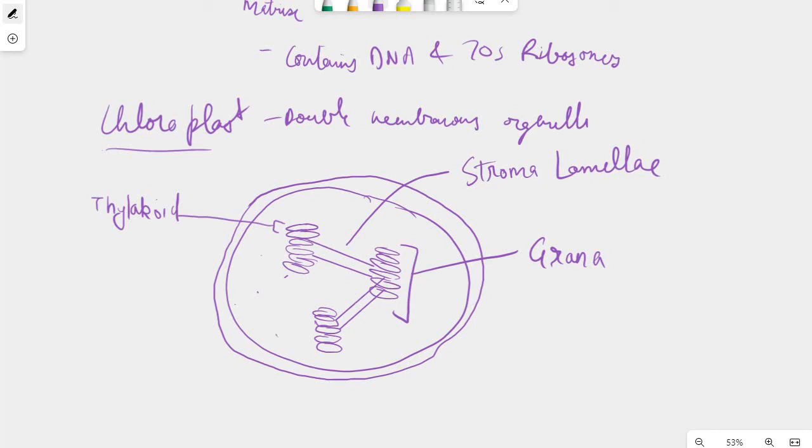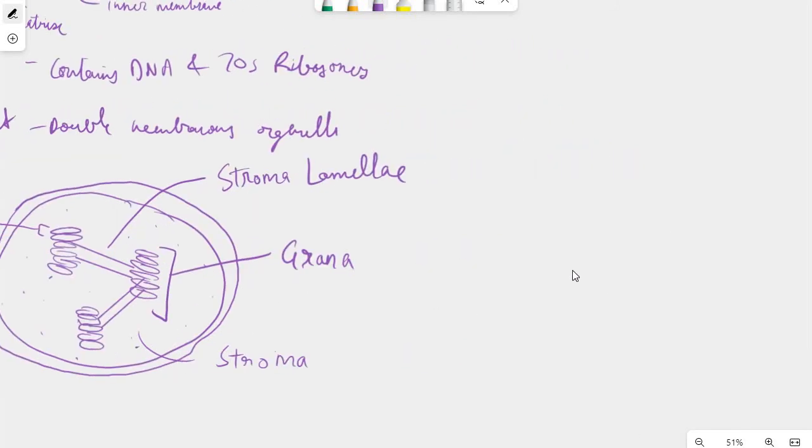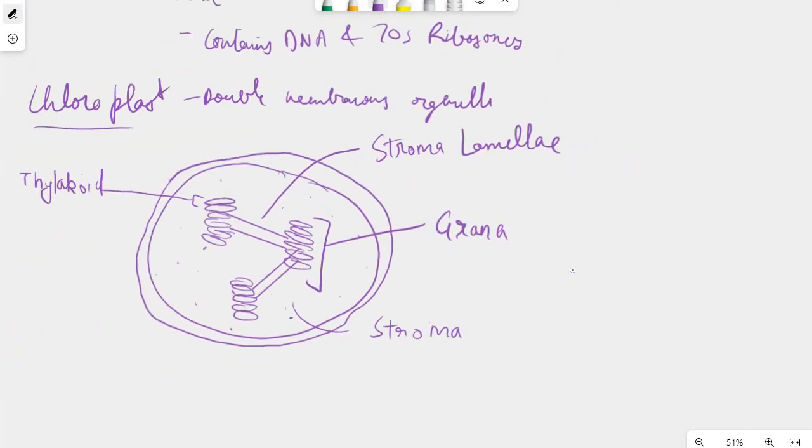And of course, a matrix-like fluid is present which is known as stroma. So basically it's similar to cytoplasm. And for your extra knowledge, this is not in class 9th, it's just an extra piece of information.